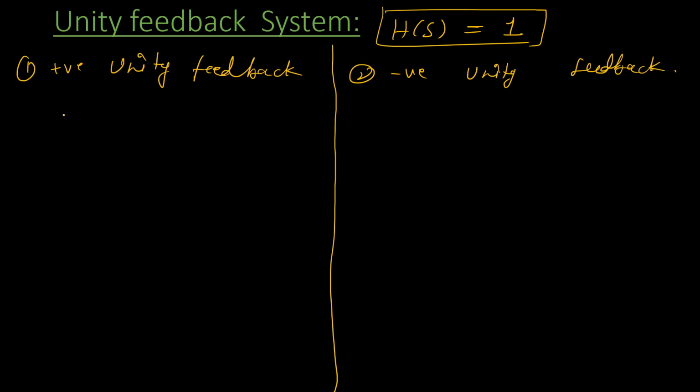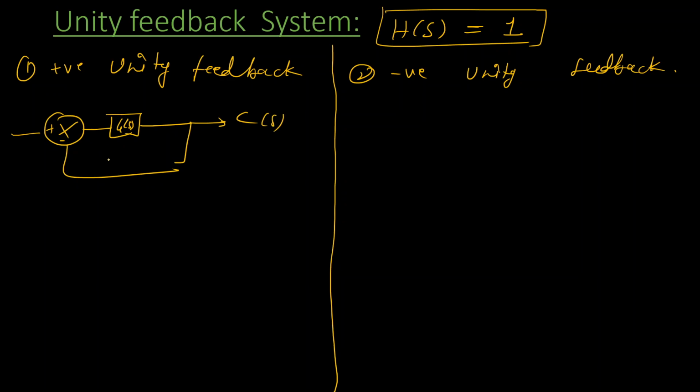this is our representation, negative, positive, and this is GS and CS, and here HS is equal to 1, and this is our RS. In case of negative feedback system, this will be our negative sign and this will be positive.